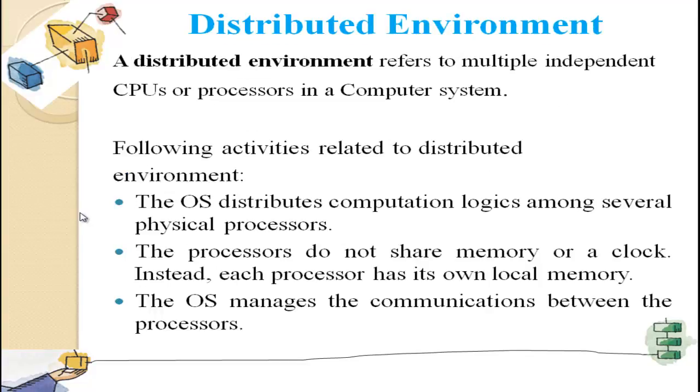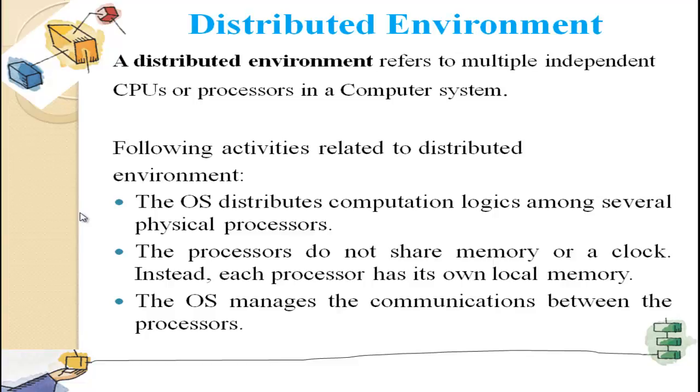The last important activity that is associated with the operating system is the distributed environment. A distributed environment refers to multiple independent CPUs or processors in a computer system. Basically, distributed systems are those systems which are located at remote locations. We have one system here at IUST, we have another system somewhere else.